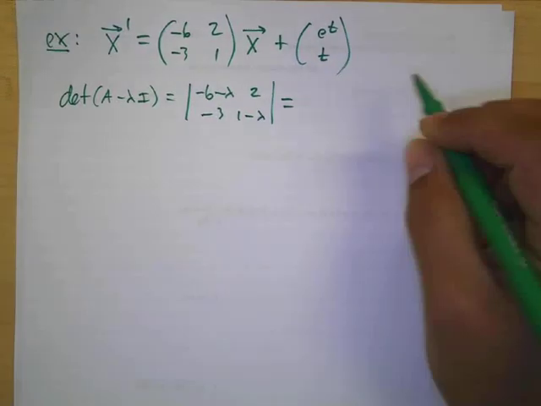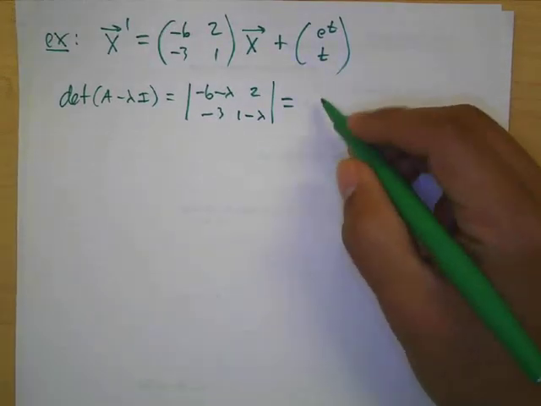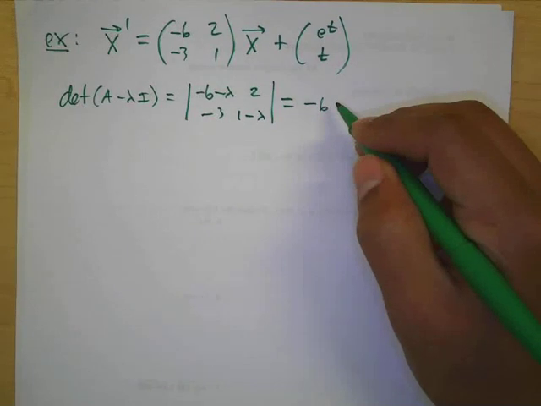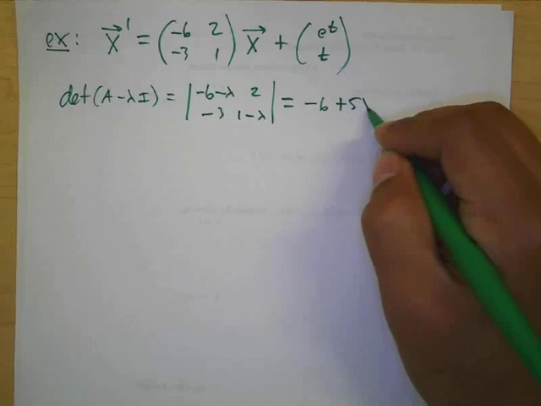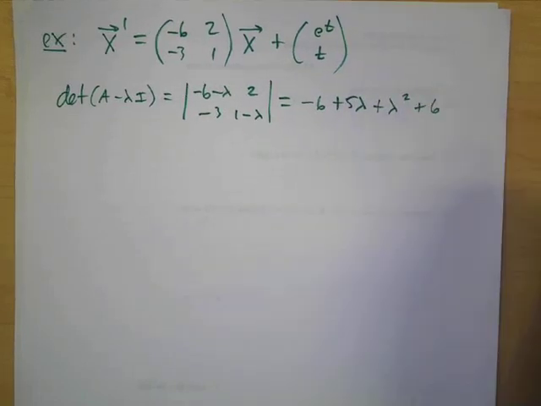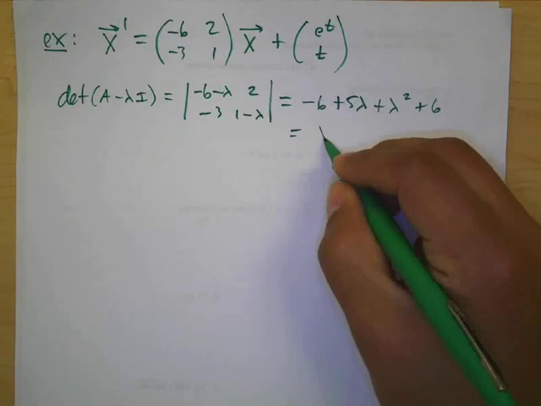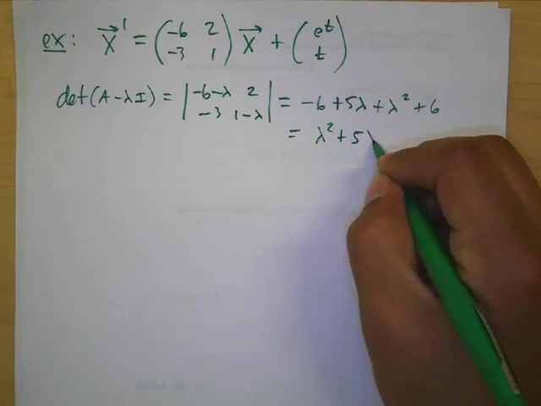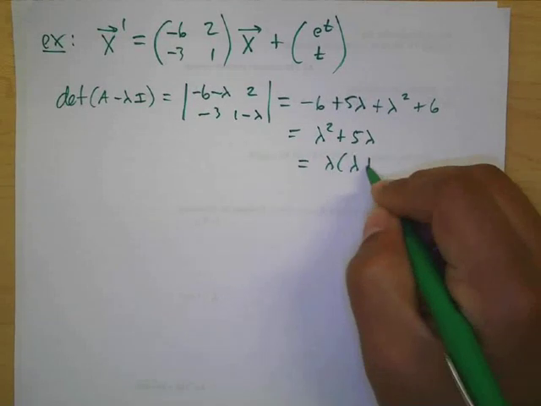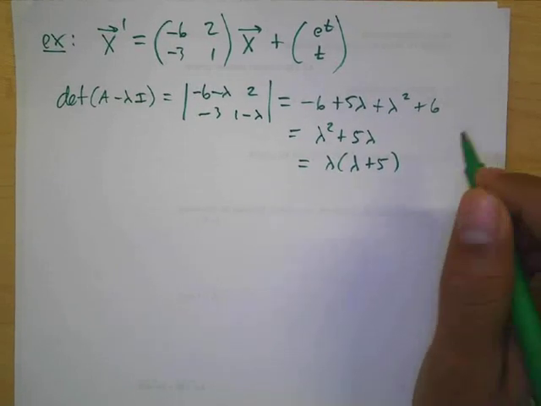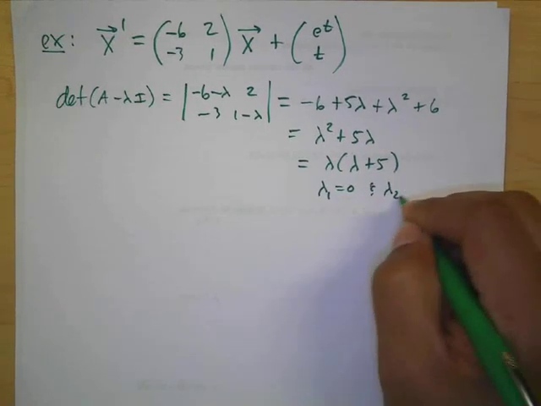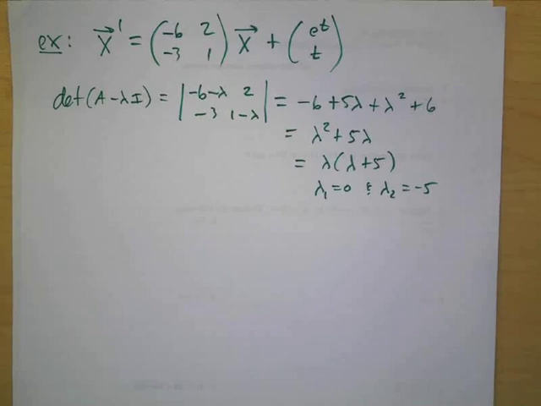That works out to lambda squared plus 5 lambda, plus -6 plus 6. That works out nicely. So we have two eigenvalues, 0 and -5.